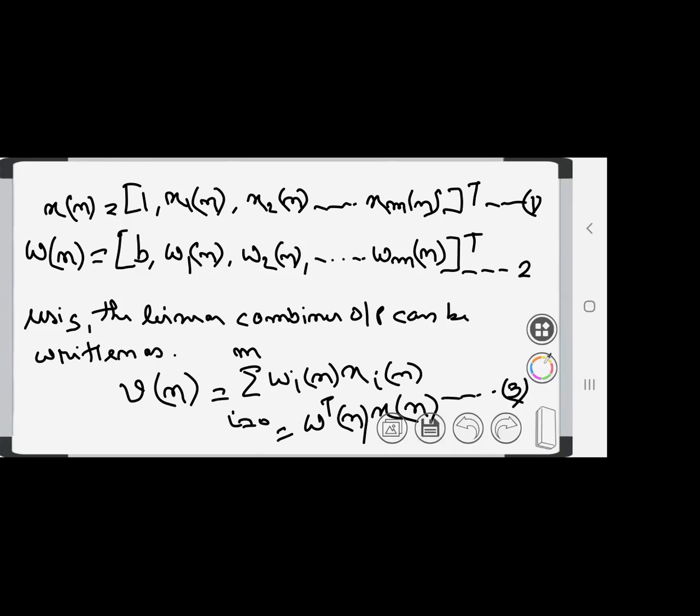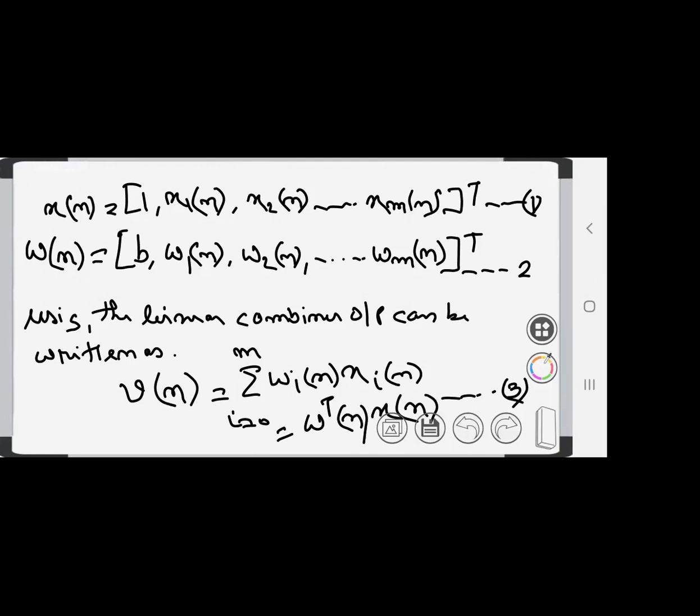For the learning of the perceptron convergence theorem, we will consider the equivalent signal flow graph that we discussed a few minutes back, and we present the corresponding input vector as x(n) and the weight vector as w(n), which are represented in equations 1 and 2 respectively.